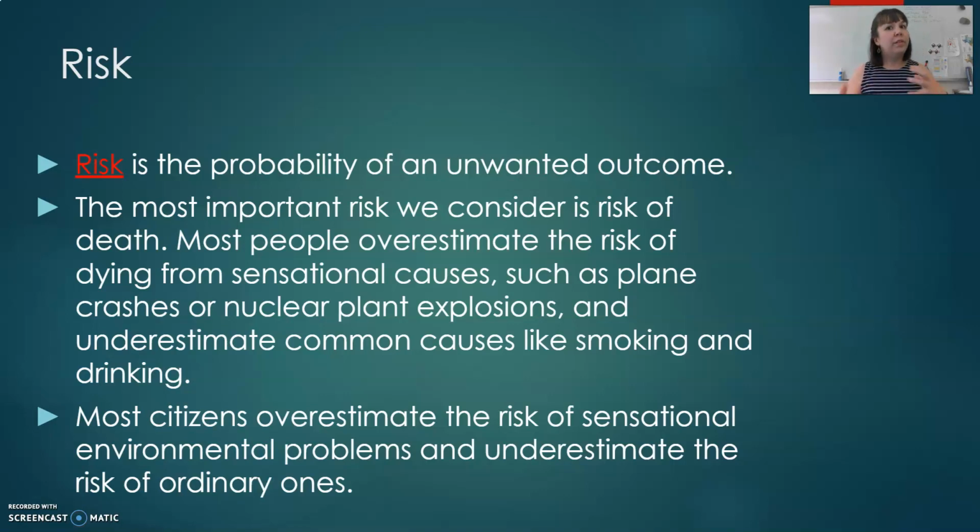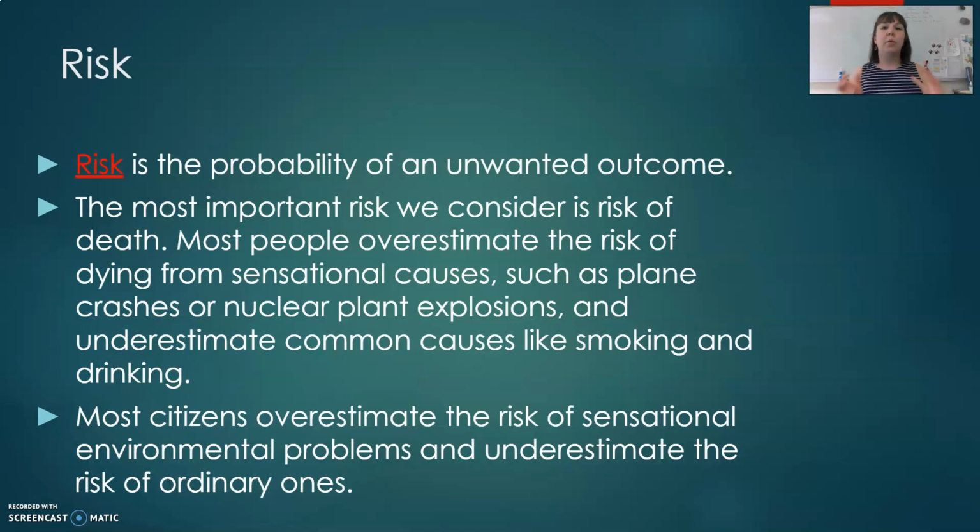Now, an unwanted probability, the probability that something we don't want could happen, is risk. Most of the time when we talk about risk, you may be talking about insurance or driving safety, and most things that people consider is death, or the risk of death.